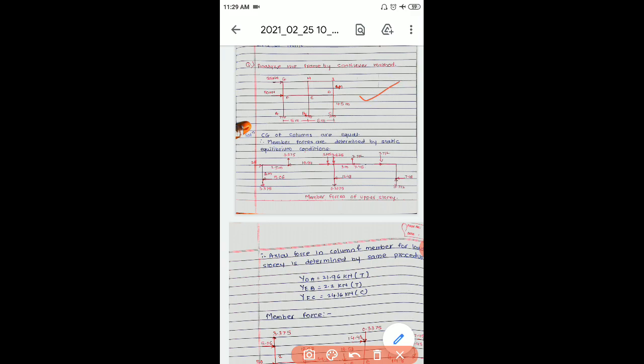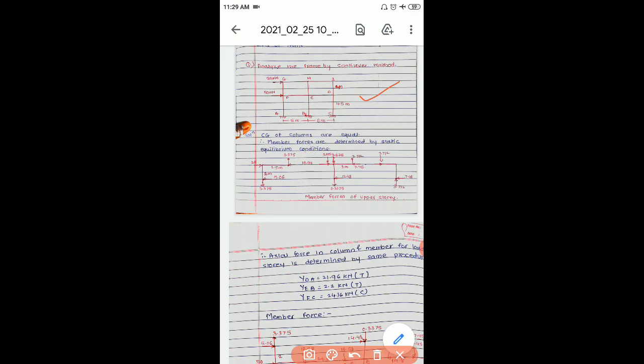Here the CG of columns are equal, therefore member forces are determined by static equilibrium conditions. So the first step is to draw the free body diagram of the first story and do the analysis, and then similarly apply it for the second story.